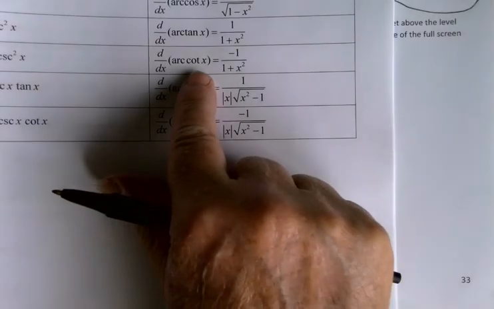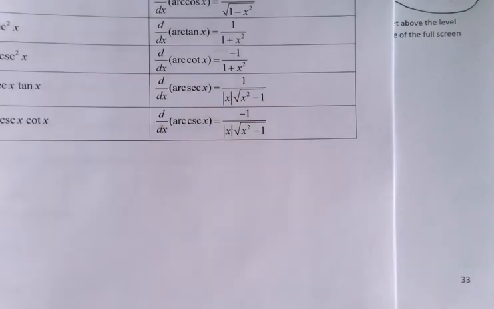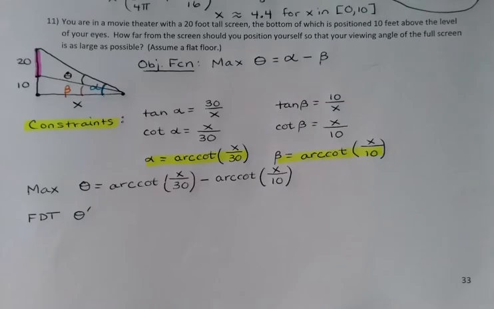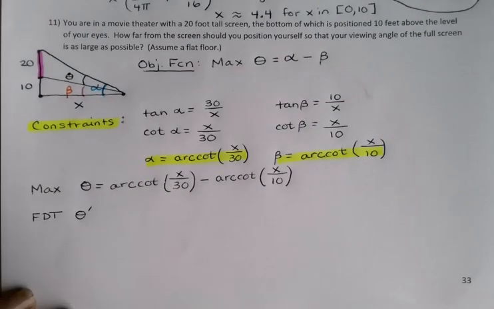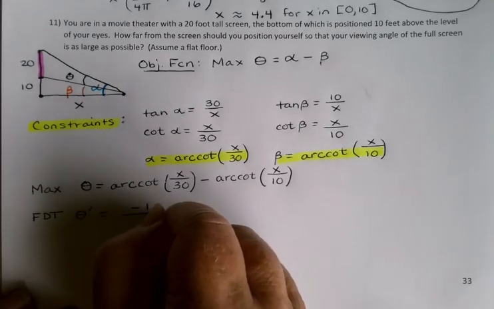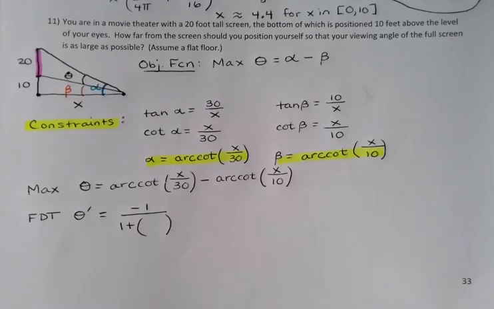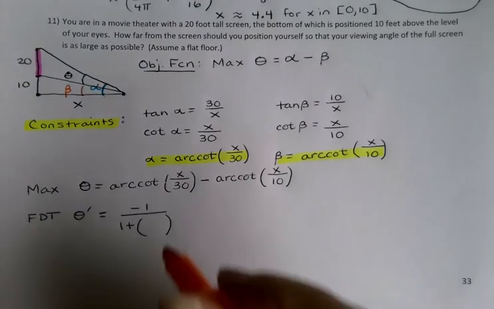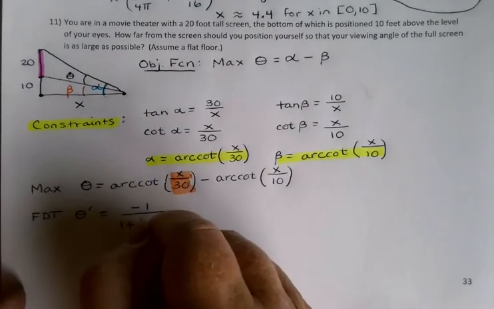And right here is our arc cotangent derivative, negative 1 over 1 plus x squared. Now here I don't have x, I have x over 30, so I'll have to work with that. My derivative is going to be negative 1 over 1 plus, and just like I've got the x over 30 here, I'll use the x over 30 squared down here.